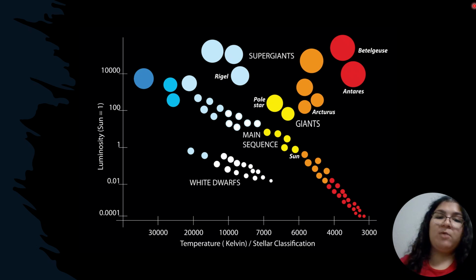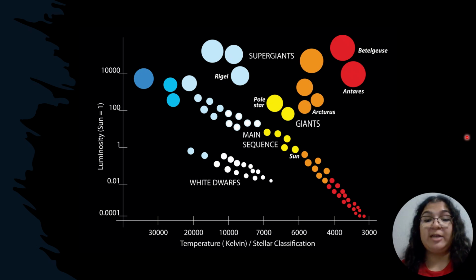Now, because the smaller, cooler stars are using up their hydrogen in a more gradual manner, the dimmer the star, the longer its lifespan. Above the main sequence, we can see the supergiants and the red giants, which is the next stage of a star's life. From there, they will either explode or extinguish into white dwarfs.